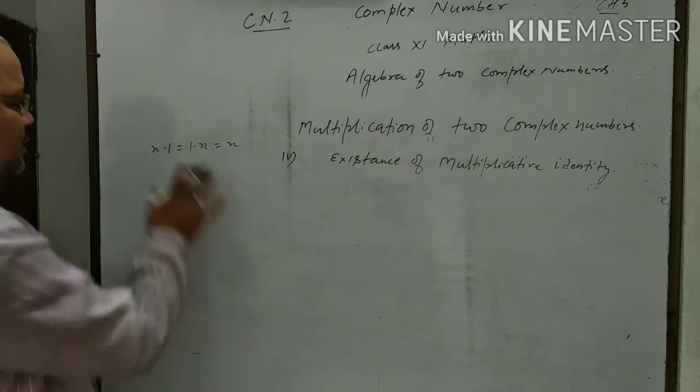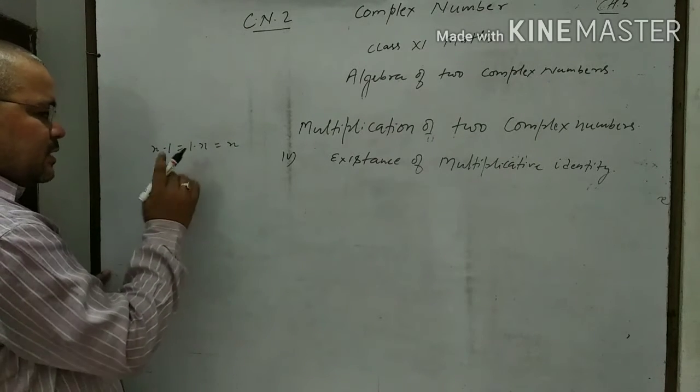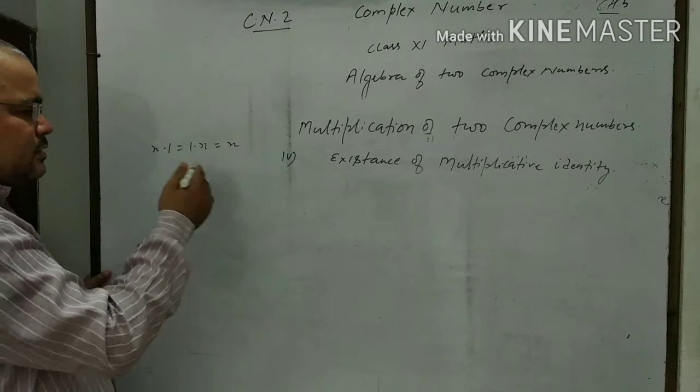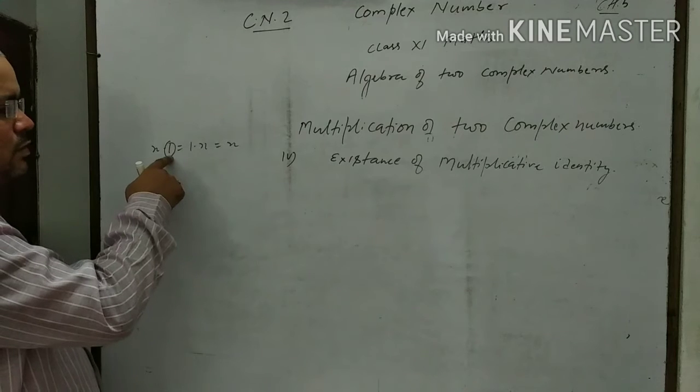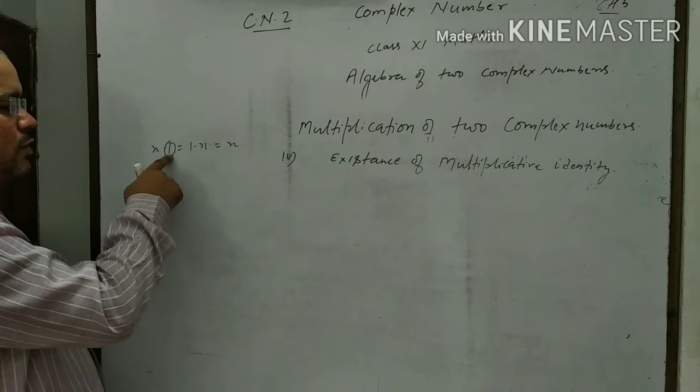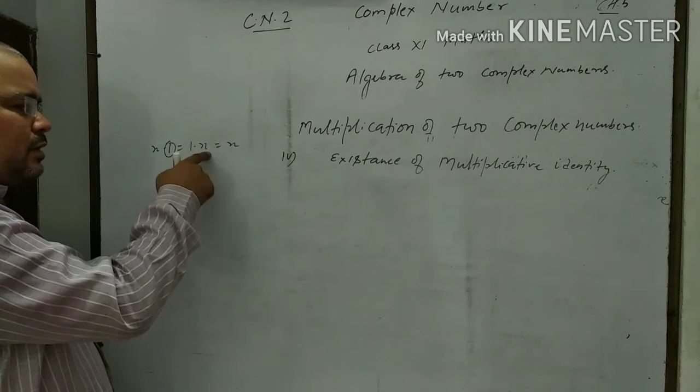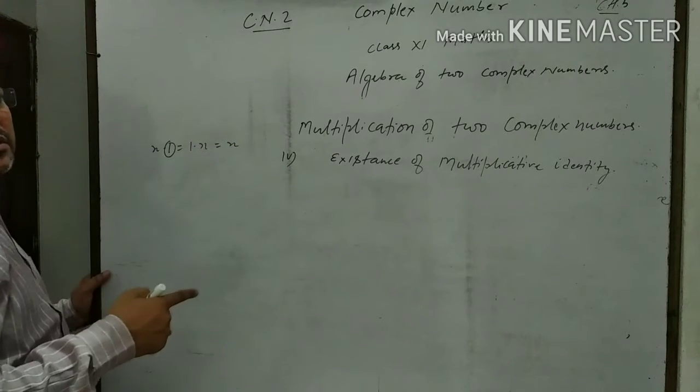Similarly, there exists a multiplicative identity, that is 1. When we multiply any number to 1 or 1 to any number, it always gives the same number.